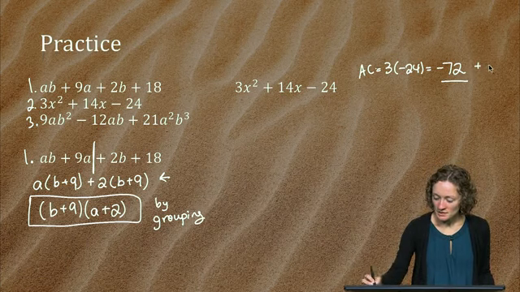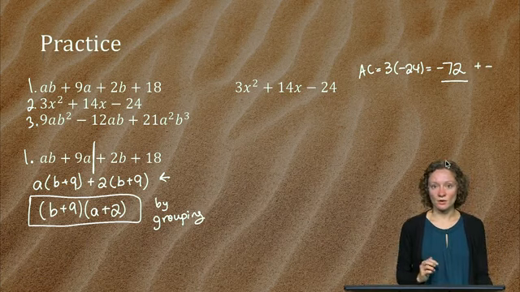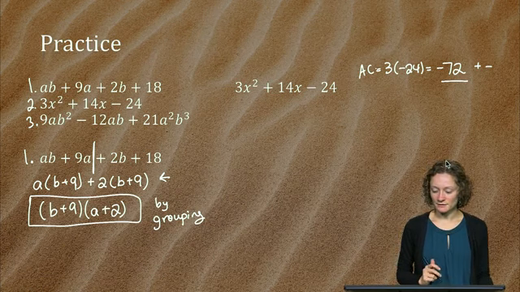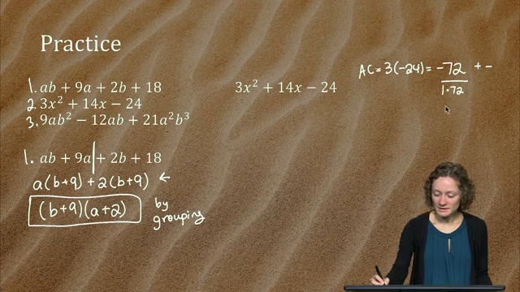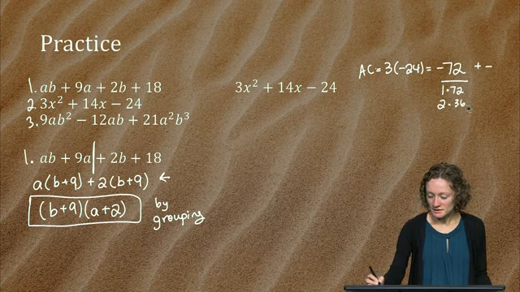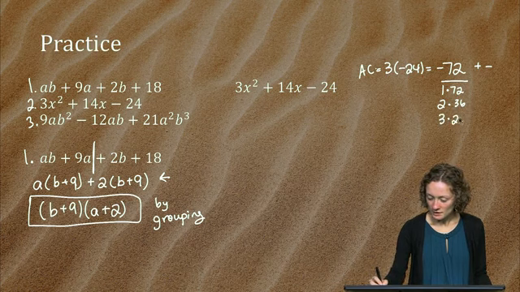This means our numbers have to be a positive and a negative. That's the only way we multiply and get a negative. And if it was me, I would just start writing down the options. Could be 1 and 72, could be 2 and 36, 3 and 24.